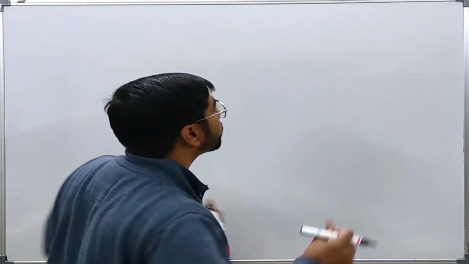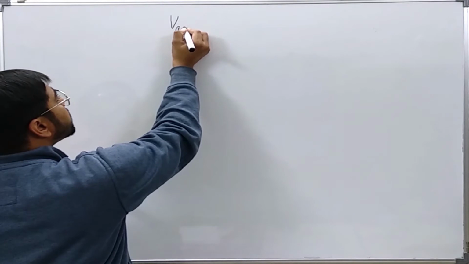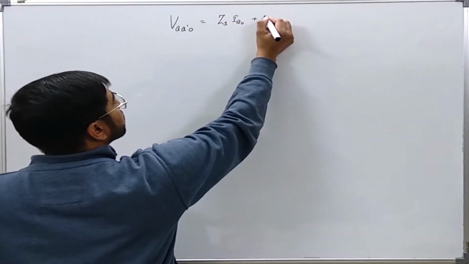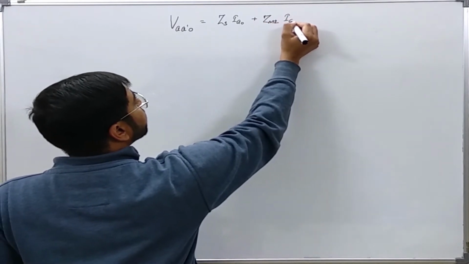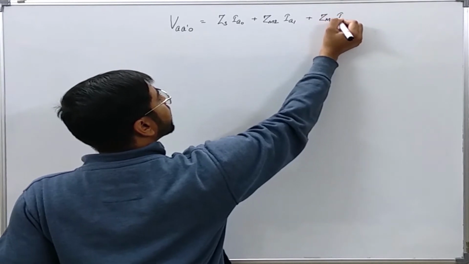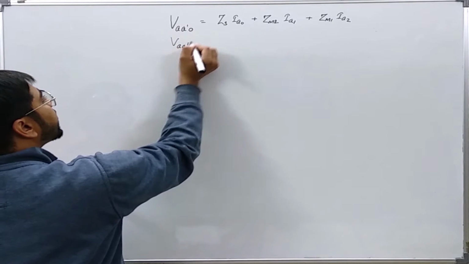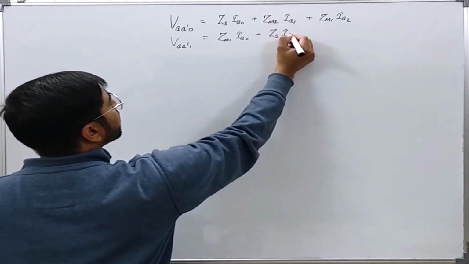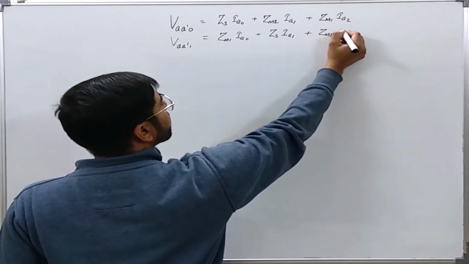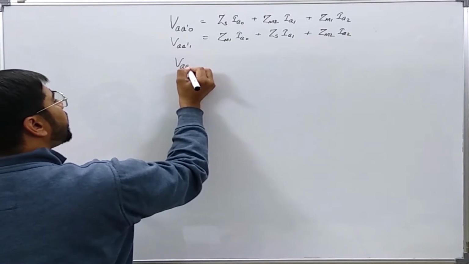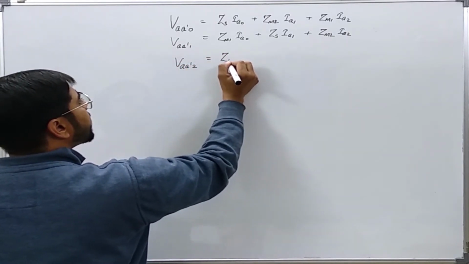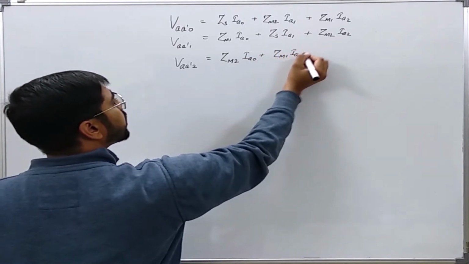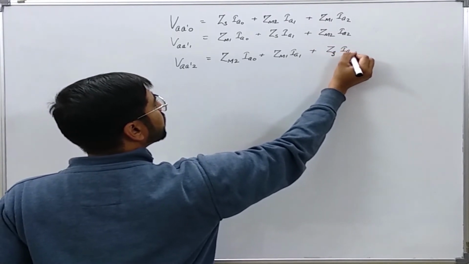Now we have seen that we can write VAA0 equals ZS IA0 plus ZM1 ZM2 IA1 plus ZM1 IA2, and VAA1 can be written as ZM1 IA0 plus ZS IA1 plus ZM2 IA2, VAA2 equals ZM2 IA0 plus ZM1 IA1 plus ZS IA2. That we have already seen.